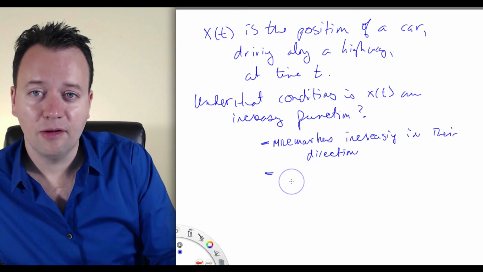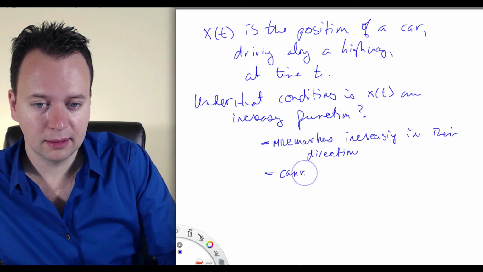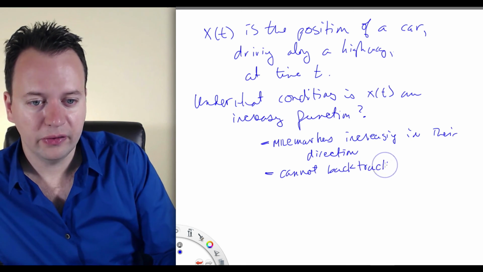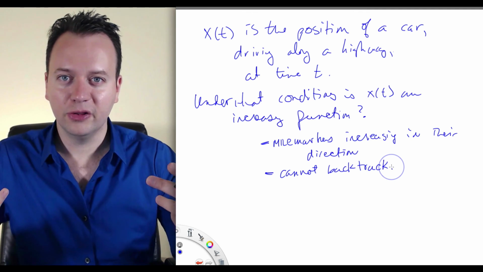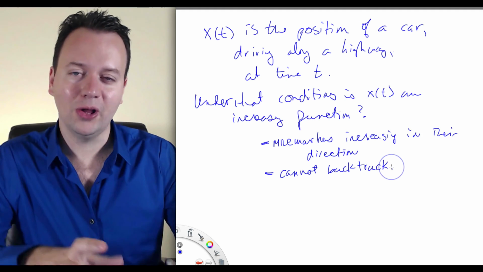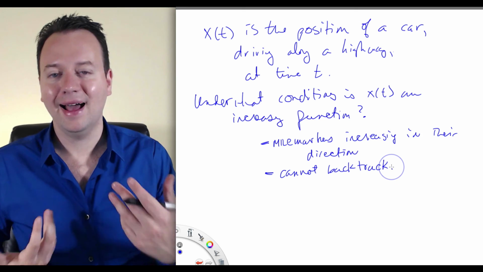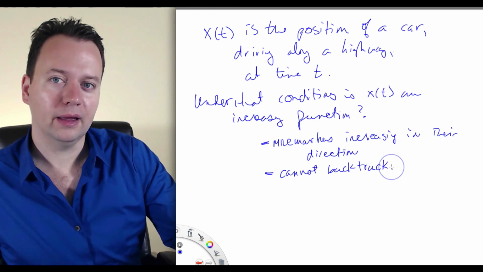Secondly, they cannot backtrack. If they stop and put their car in reverse, maybe some luggage falls off from the top of their car that they mounted on the roof. They stop, slam the brakes, go into reverse, back up. X of t would no longer be an increasing function because they would be losing some of their position.